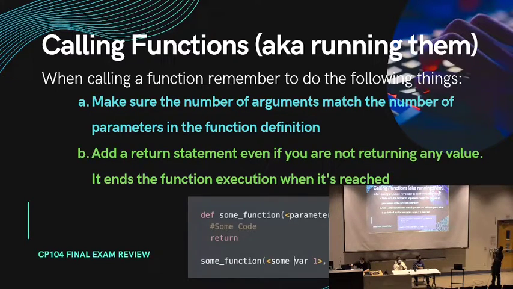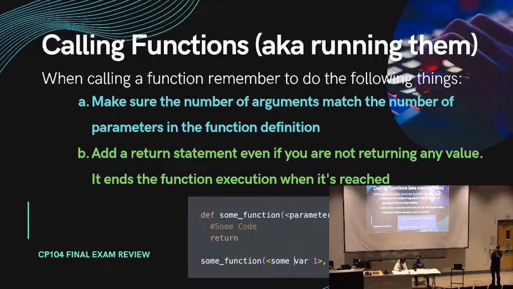And you call a function by just specifying its name, passing in the parameters. There's 2 main rules to remember when it comes to function calling. The first is that you have to make sure that the number of parameters that you pass into the function are the same as what you define the function with. So if you define a function with 2 parameters, you have to pass in 2. You can't pass in 1.